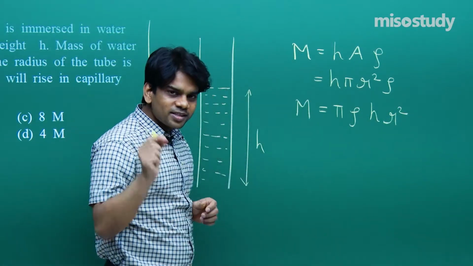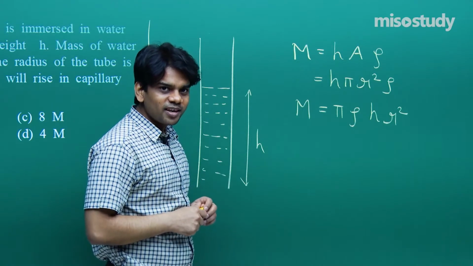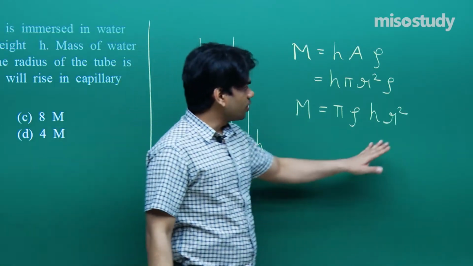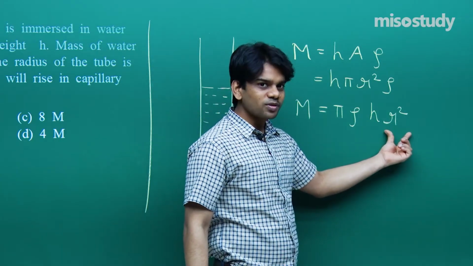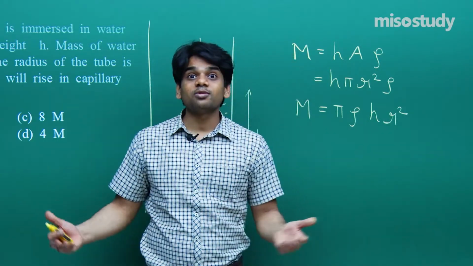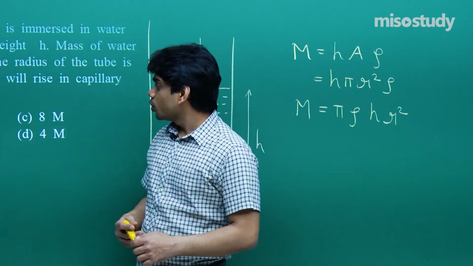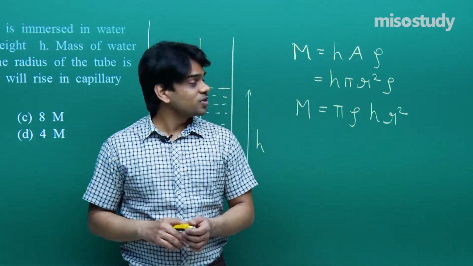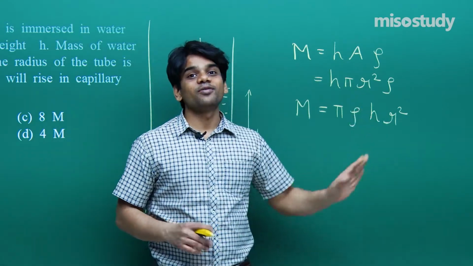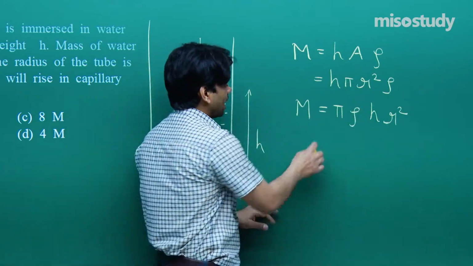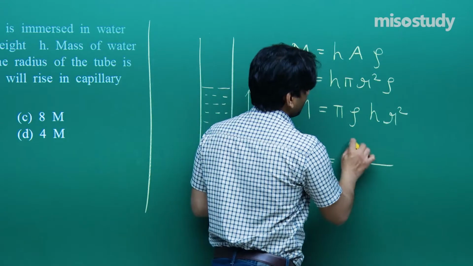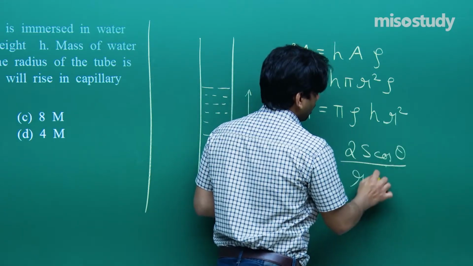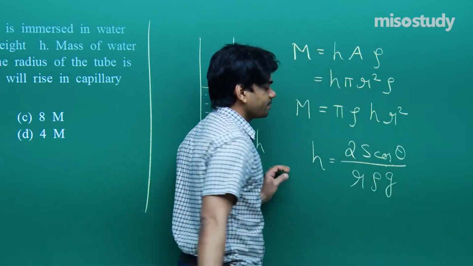So the first thing a student will do, a common mistake, is think that since radius is doubled, so if r is doubled, you will get here 4 times this value, so the mass will be 4m of the initial mass. So you must be thinking that 4m will be the answer. But you see here, height can also vary if the radius is doubled. We all know that the height is 2S cos theta upon r rho g.